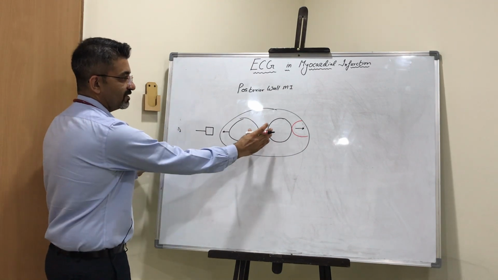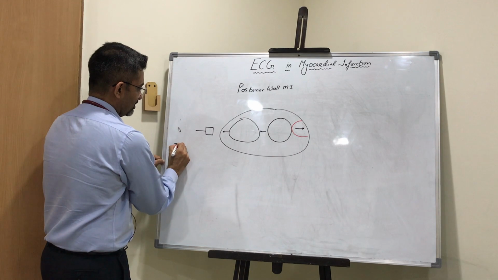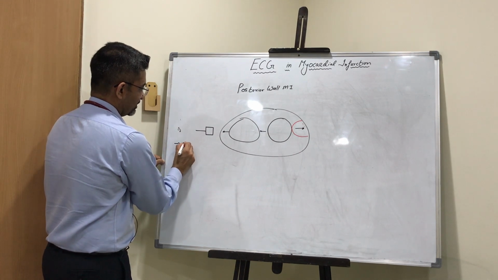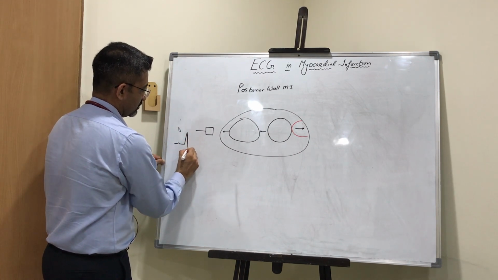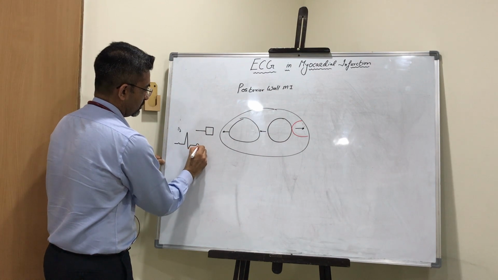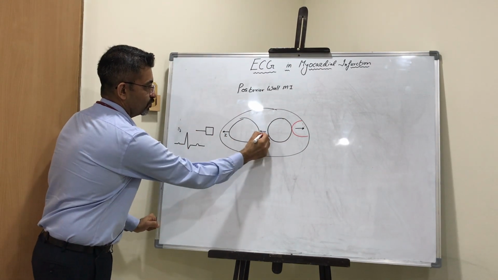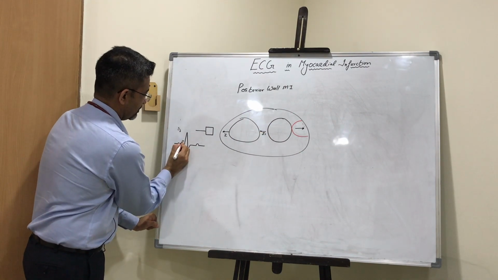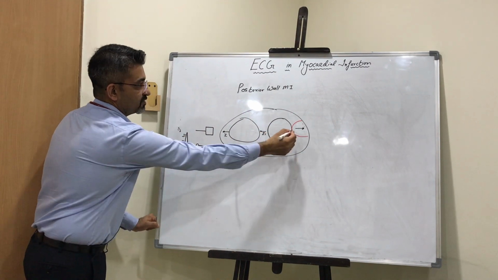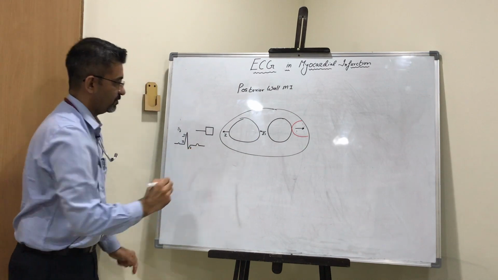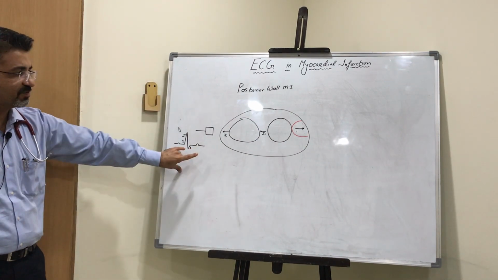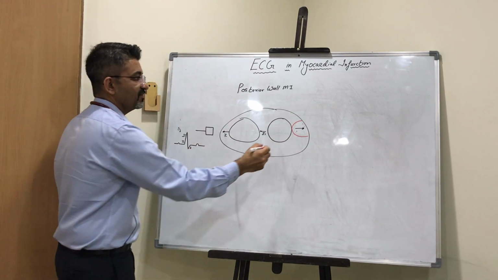So if it's a normal phenomenon, I'll have a normal ECG like this, correct? 1, 2, 1, 2, this is 3, this is 3, right? So this is a normal ECG. Suppose this gets infarcted.